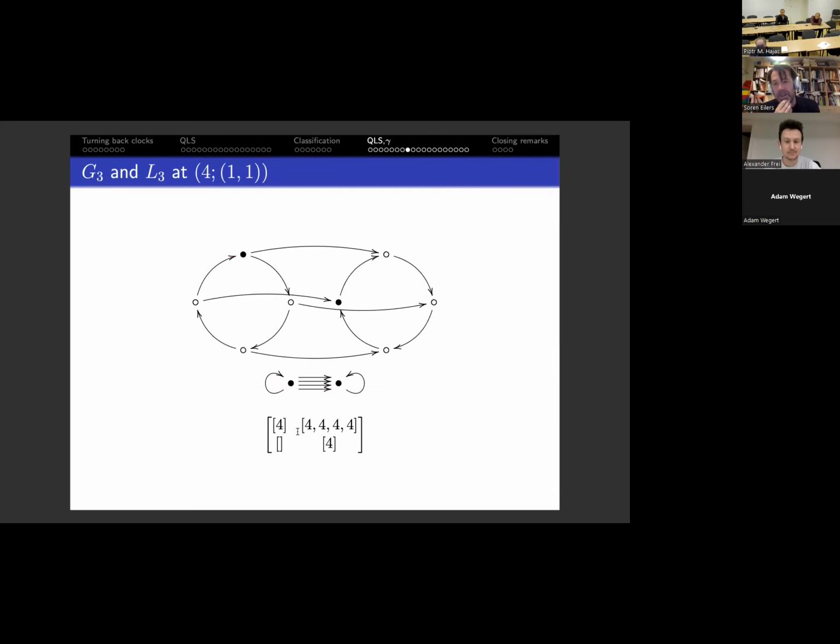Let me just give you an idea of what happens with this setting that we already talked about. What I have on the top is the graph that I call G3. And now for the graph that we call L3, we just count the number of vertices that go from the black vertices back to the black vertices. There's one loop on each, and then there are 4 edges across.